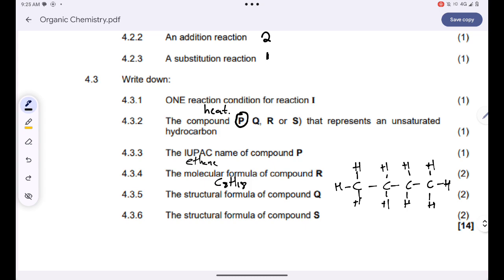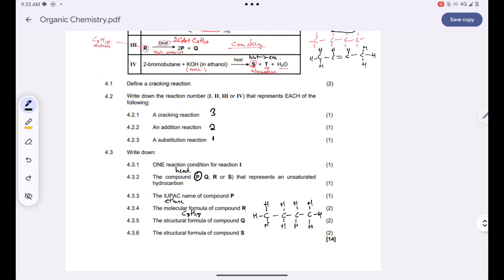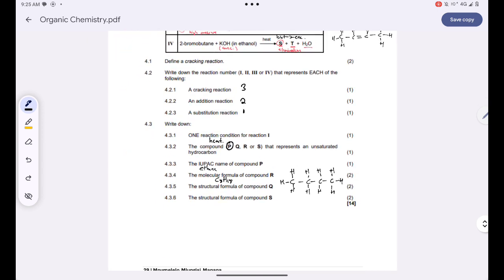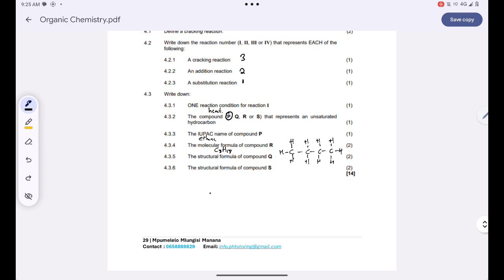Okay, that's compound Q. And then compound S, guys, remember that compound S is an organic product formed after elimination. So compound S will just be but-2-ene.